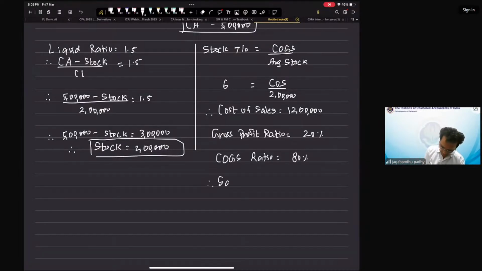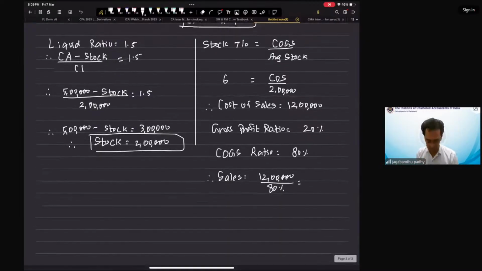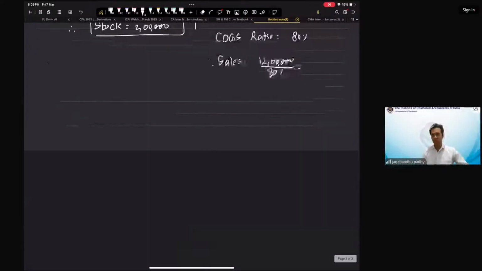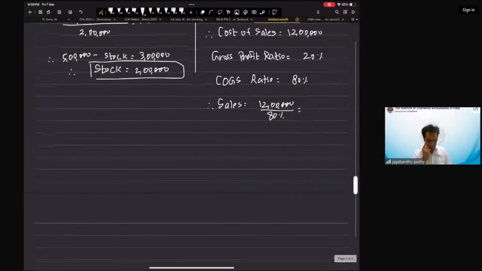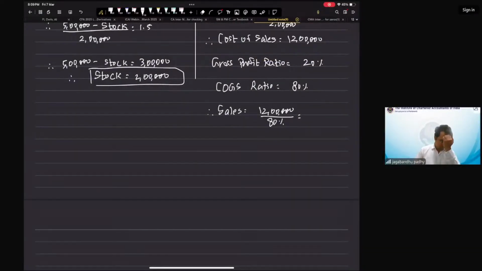So sales is going to be 12 lakhs divided by 80%. What's the value of sales working out? 12 lakh divided by 80%. 15 lakhs.